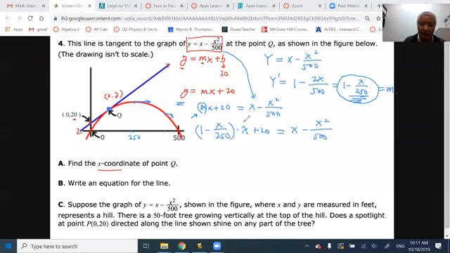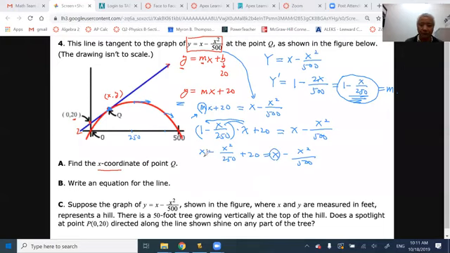Then this one times this one will be x, and this one times this one will be x squared over 250, plus 20 equals x minus x squared over 500.